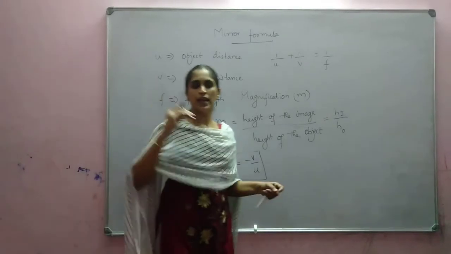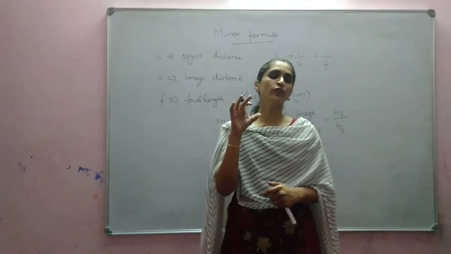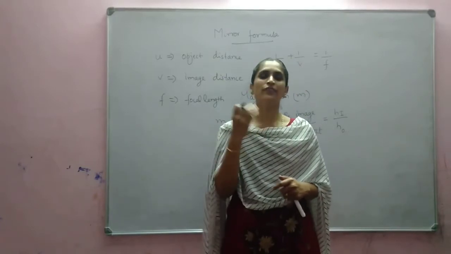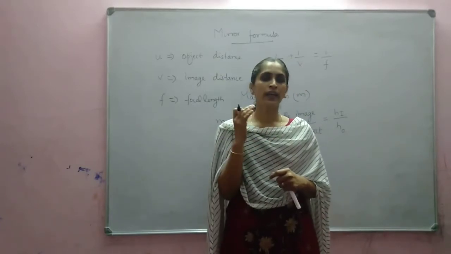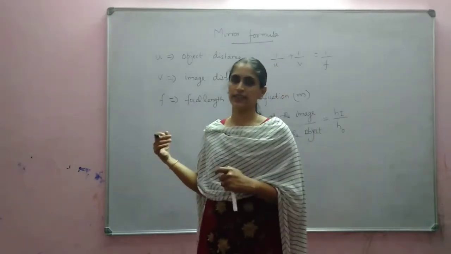Okay, now we will discuss the significance of magnification. If you know the magnification, what can we conclude about the height of the image or the nature of the image?